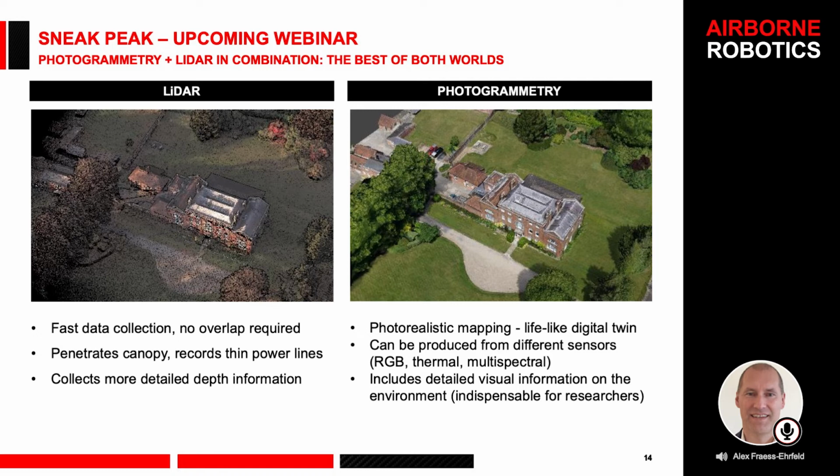When you combine photogrammetry and Lidar, you basically have the combination of the best of both worlds. In terms of Lidar, it's a fast data collection process because you don't require any data overlap. And depending on how high you fly, typically your surveying corridor can be easily 100, 150, 200 meters. You also have a bit more detailed depth information, in the sense that with Lidar you have different returns.